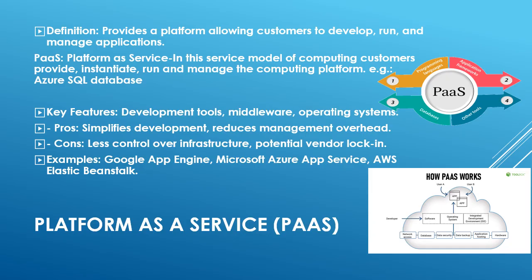So now, examples are Google App Engine, Microsoft Azure App Services for web hosting services for Microsoft, and AWS Elastic Beanstalk. So all these are the comparison when it comes to different cloud platforms that exist from Google, Microsoft, and AWS. All right, and you can see the pictorial view of how PaaS works. You have the programming language or the application framework, you have the other tools and the database as well.